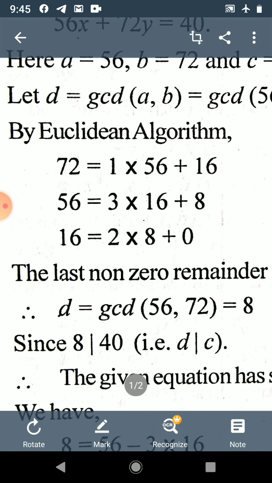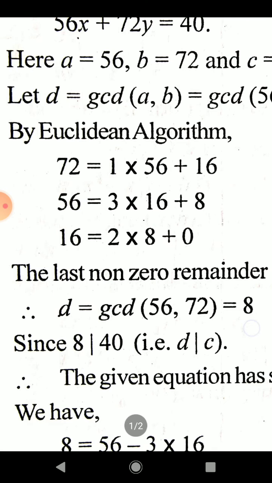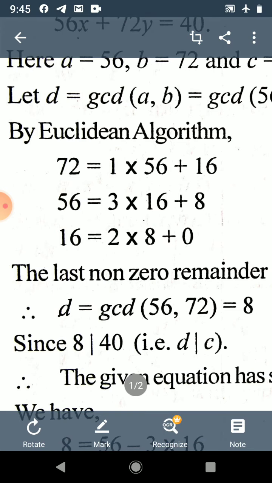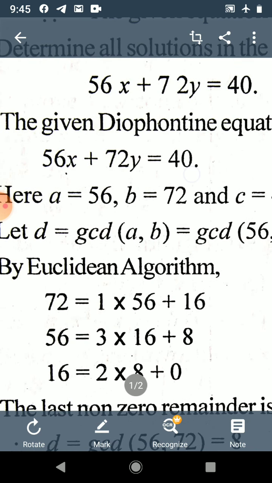Therefore the value of d is equal to 8, which is the greatest common divisor of 56 and 72. So we get the value of d is 8 and here c is 40.